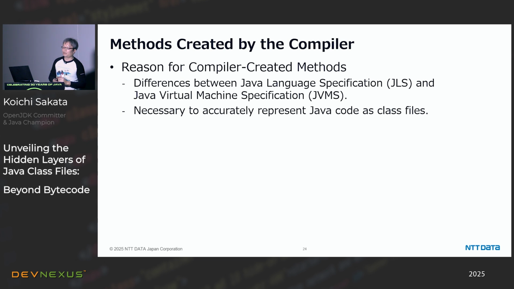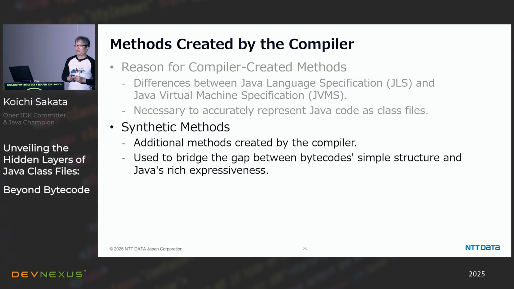In simple terms, this is done out of necessity. The difference between the simple structure of bytecode and the rich expressiveness of Java code is significant. These additional methods are called synthetic methods.